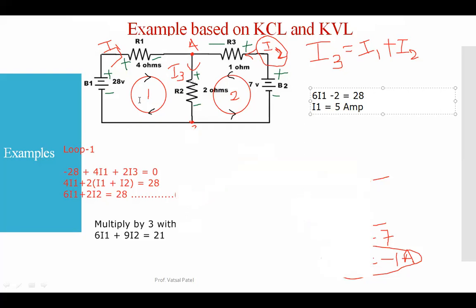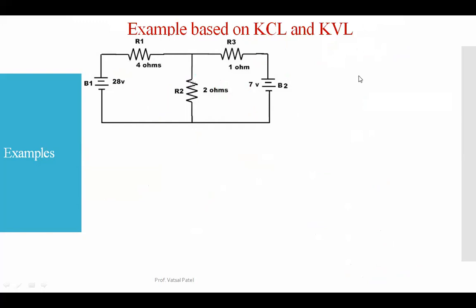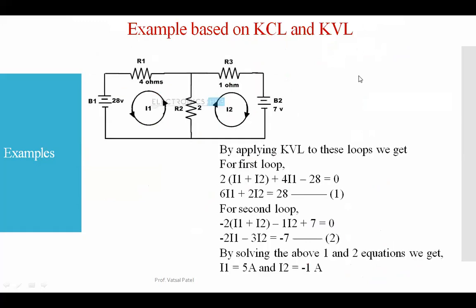Yes. If you select the current in the reverse condition, your I1 is equal to minus 5 ampere and I2 is equal to 1 ampere. That's it. So now I will show you that calculation. See, this is the calculation which is represented here, right? And you can see this. This is what we discussed earlier.